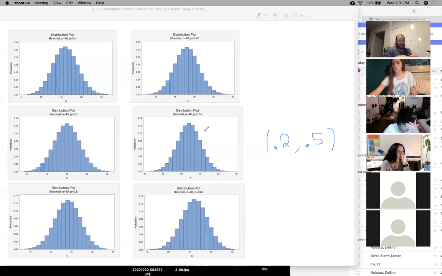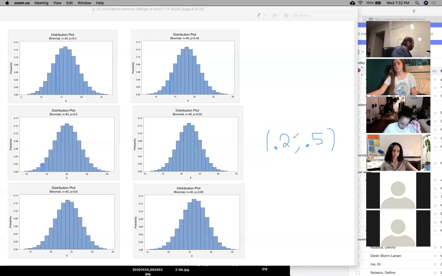So at this point, it's already no question about it. So I would say roughly 0.2 to 0.5 are the plausible values of p for which 14 successes is in the middle 95%. As such, that's going to be your confidence interval. Does that make sense? Yes? No? Maybe so?